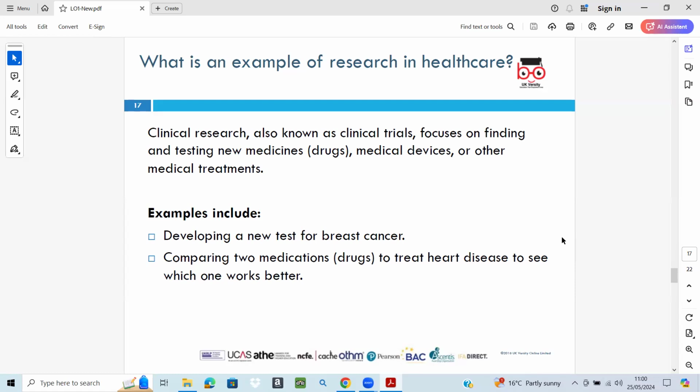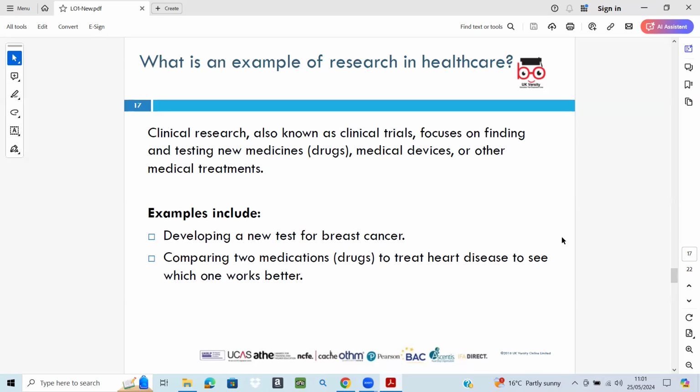So we have some examples. Like developing a new test for breast cancer. Research studies focus on developing innovative diagnostic tests for breast cancer, and aim to improve early detection, accuracy, and precision in diagnosing this prevalent condition.